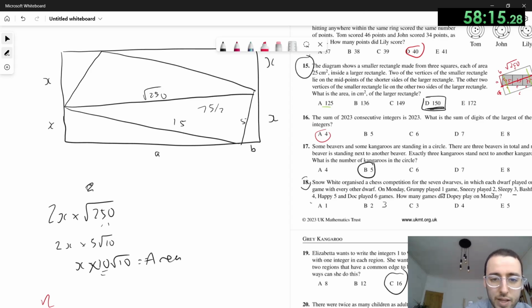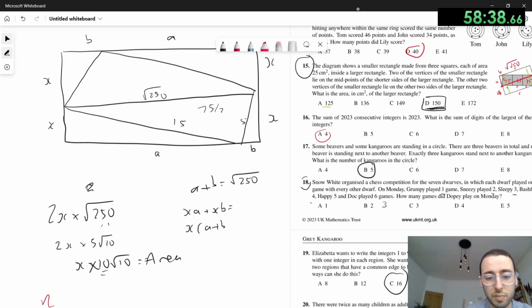A, B. A plus B equals root 250. We also have xA plus xB equals my total area, x times A plus B. Oh, no, right.